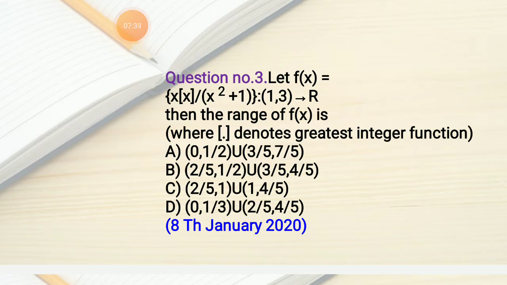So step x means its domain is real numbers, its range is integers. Suppose you take floor 2.1, it is 2. So you take the integral value, only the integral value. Whenever x lies between n and n plus 1, then step x is n. When x lies between minus 3 and minus 2, step x will be minus 3, the greatest integer.